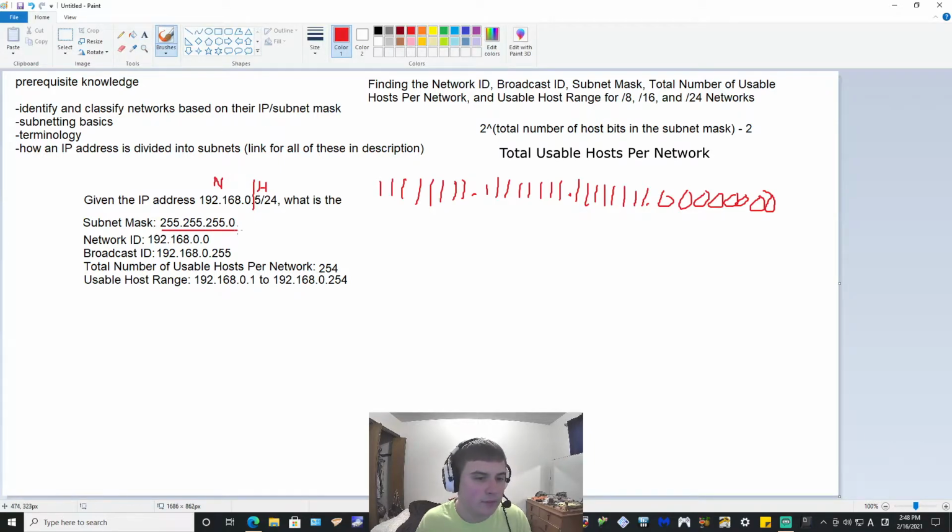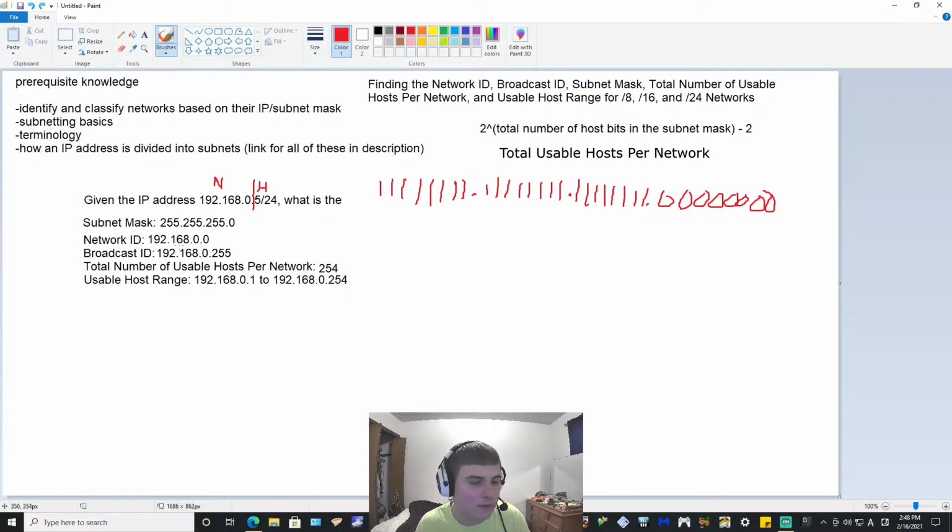The key thing to remember is you just draw your line and write out the subnet mask. You can use the CIDR notation to write out the subnet mask. Once you get your subnet mask, you realize what class it is. So this is a class C. We know our line goes here. These are our host bits, and these are our network bits. The first host octet that we're going to be working with in this case is 5.